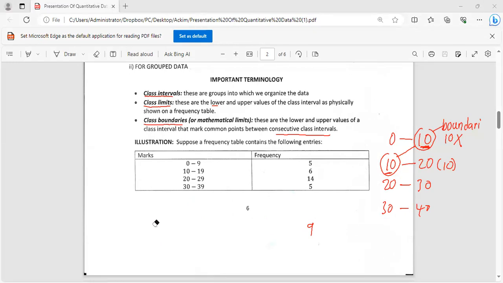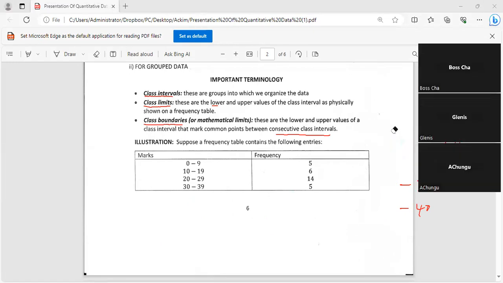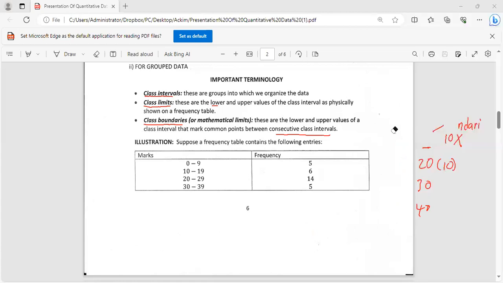So those are the terminologies that you have. You have to know them. You have to know the difference between class boundaries and class limits. The ones on the screen right now are class limits. The reason is because the upper closing value of the interval is different from the one that comes in the next group as the opening value.